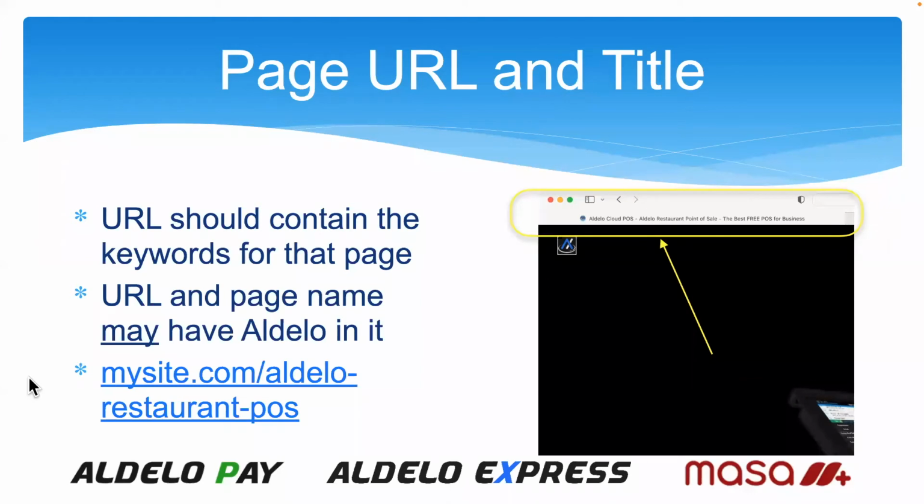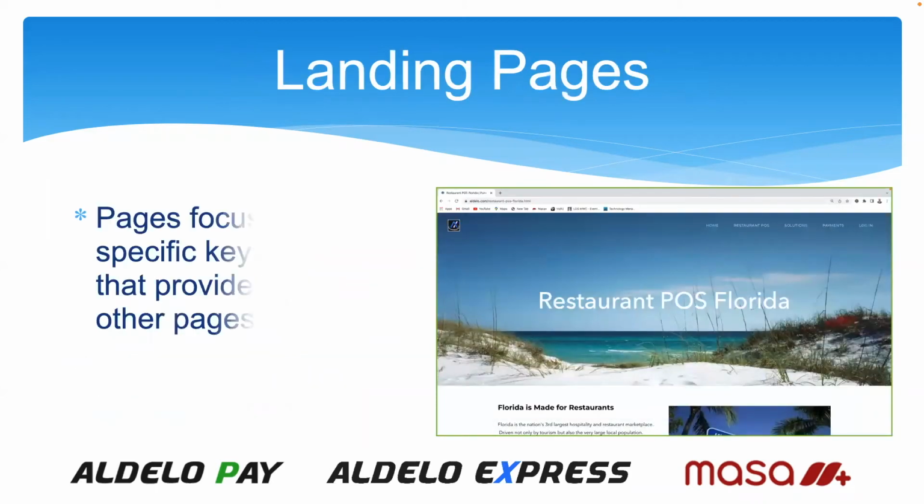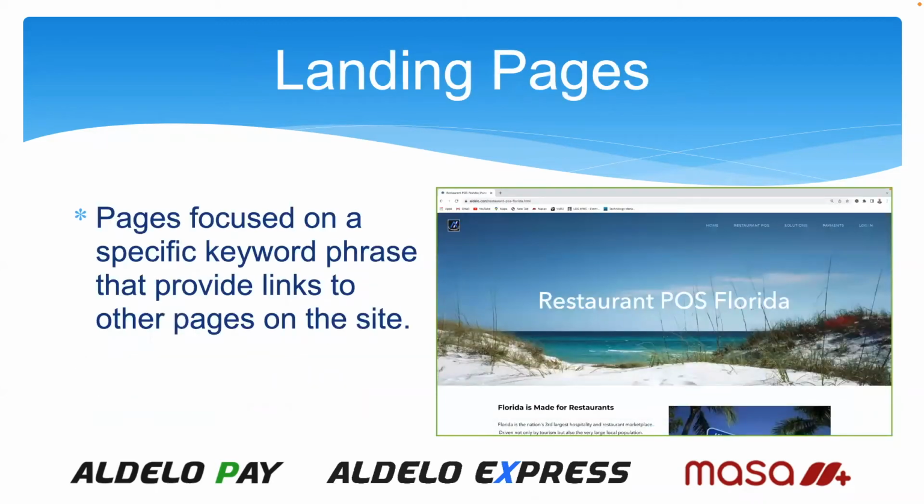So for Aldelo, for the SEO, the URL, page title, page description, and keyword should be unique to that page. You're going to see how I'm doing that. Every page has to be different, and it will be because my module that I added makes sure of that. Each page should be focused on a specific keyword, and you'll see how I'm doing that on the site.